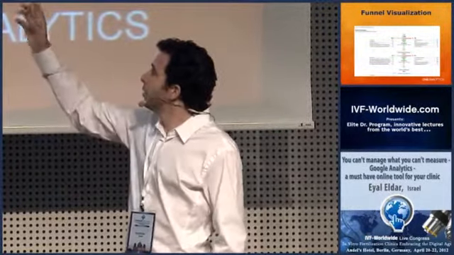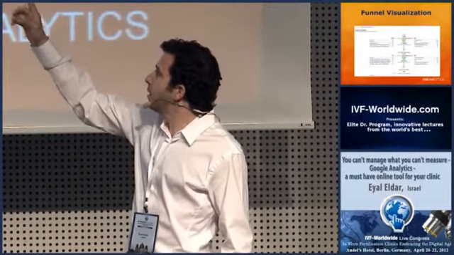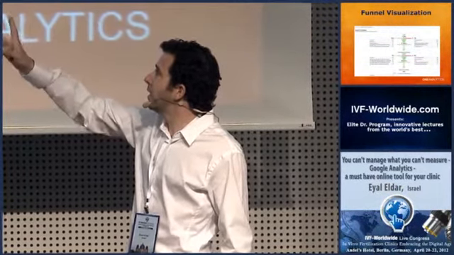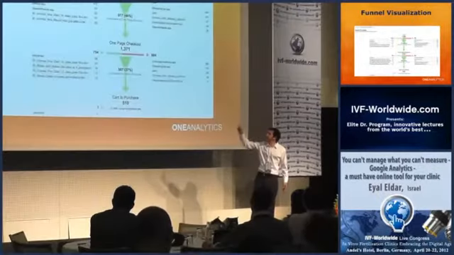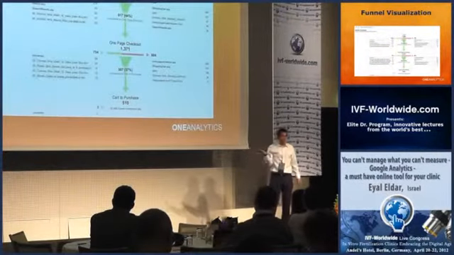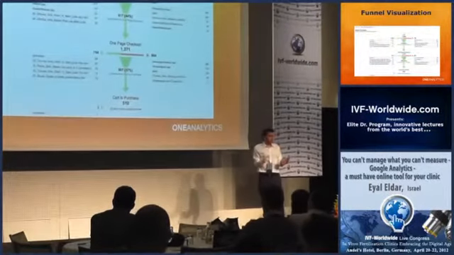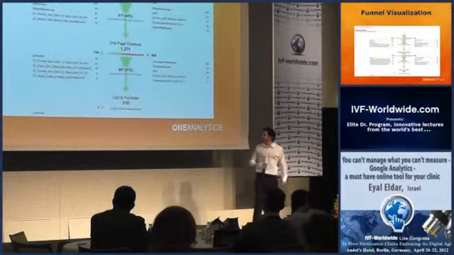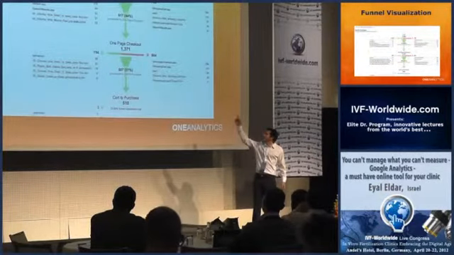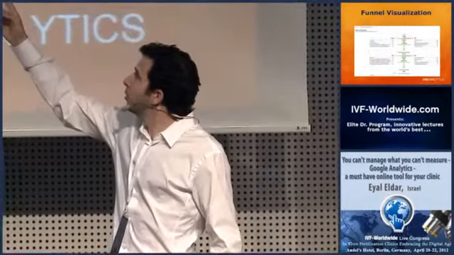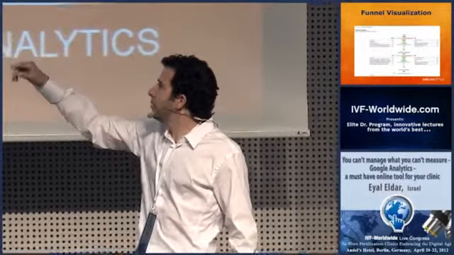Okay, so what we see in this report is, for each step, how many people entered it, and how many leaked out, either to other places on the website or just left the website from that page. Okay, so we can see that there's a pretty good conversion rate from step 1 to step 2.